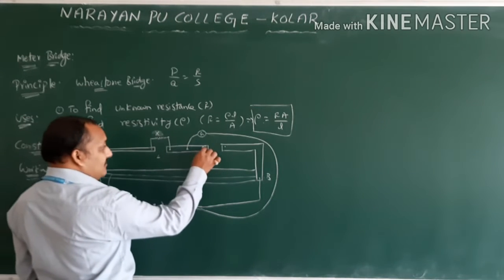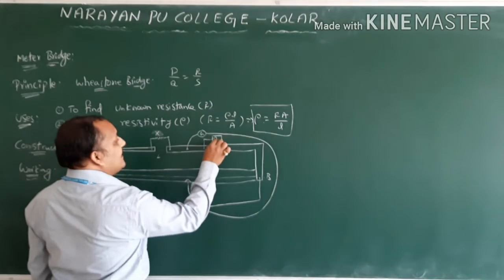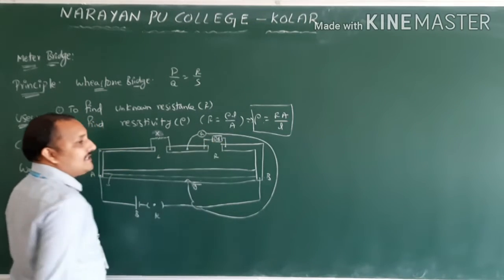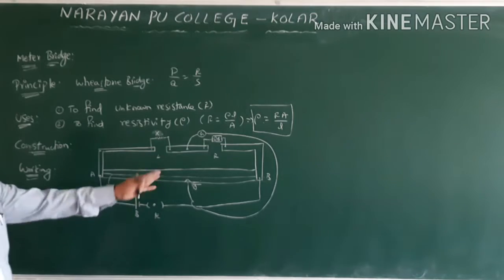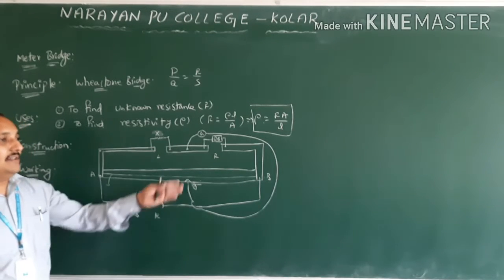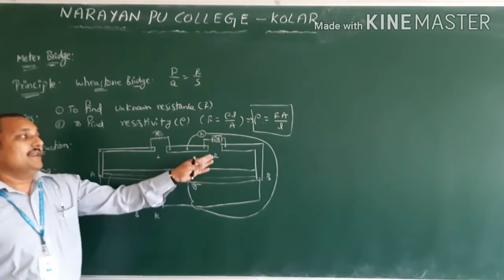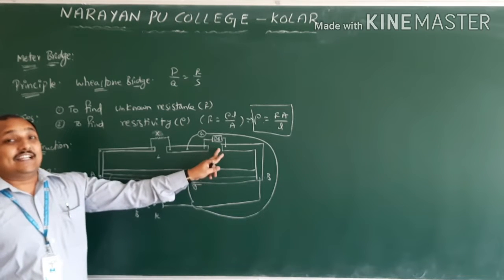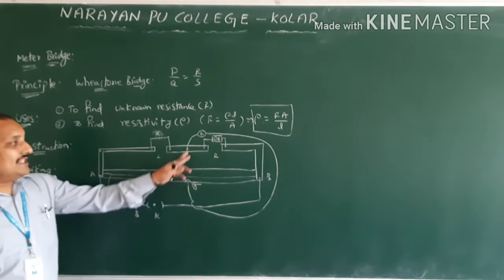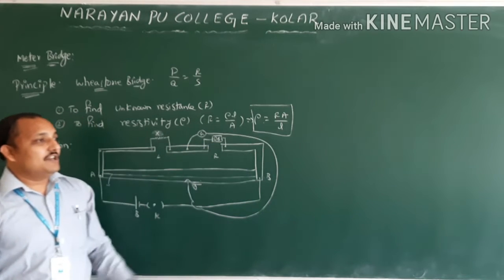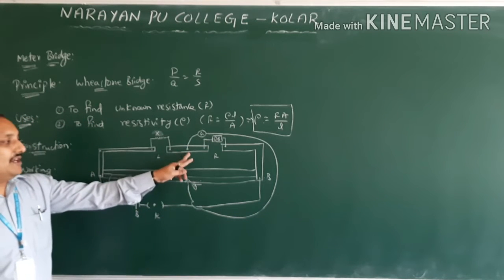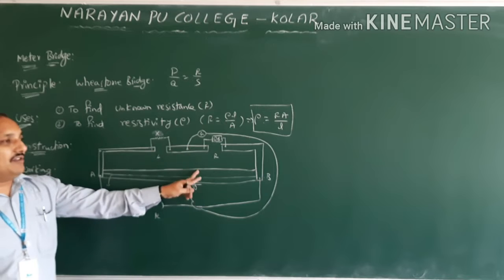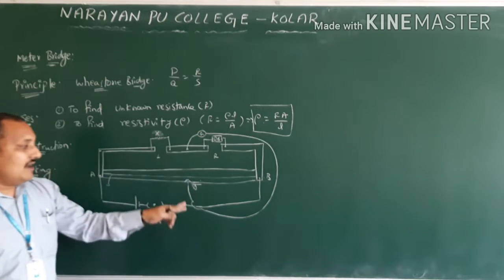And on the right side, they will use one resistance box. Resistance box means we will apply known resistance, that is nothing but 1 ohm, 2 ohm, 3 ohm. How much resistance we are applying, we will come to know in the right gap. Okay, so this galvanometer they will show in some books from here only. To not make you confused, I have drawn it here outside.